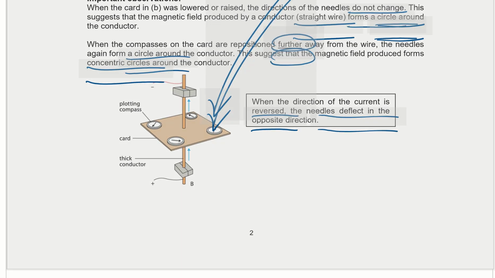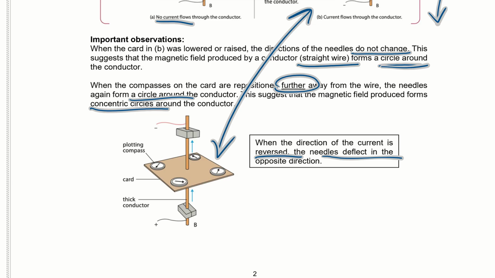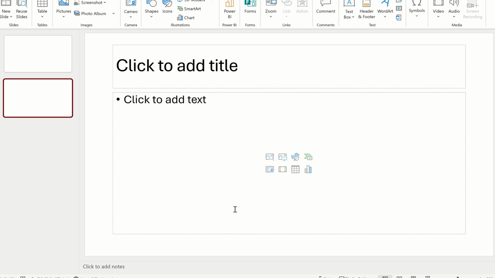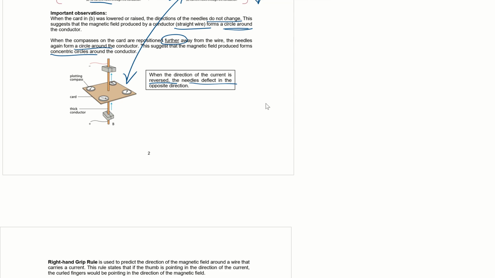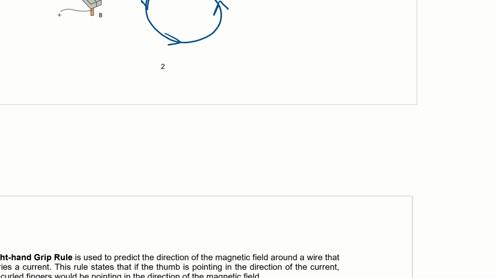But here you'll find that it's flowing in this direction, anti-clockwise. Which means when the direction of the current changes, the direction of the magnetic field also changes.